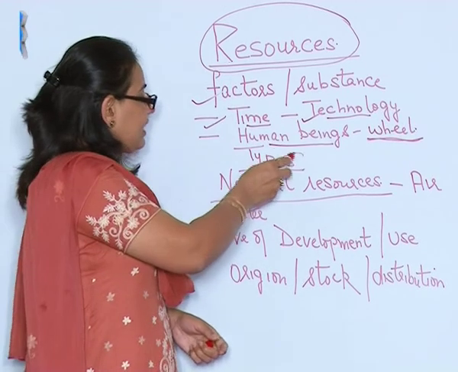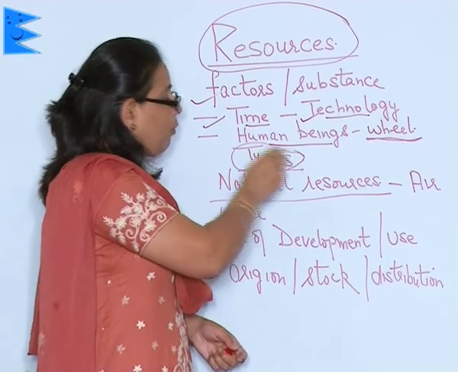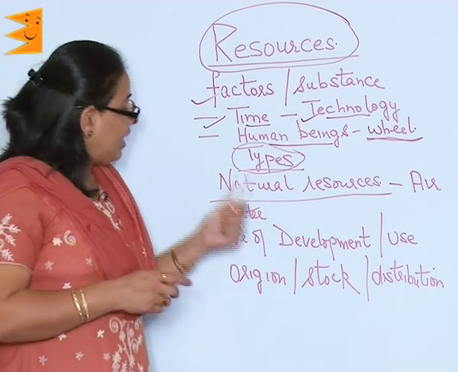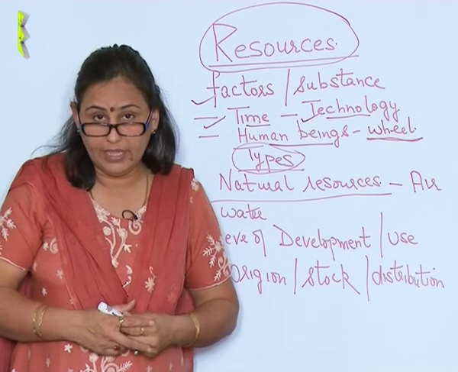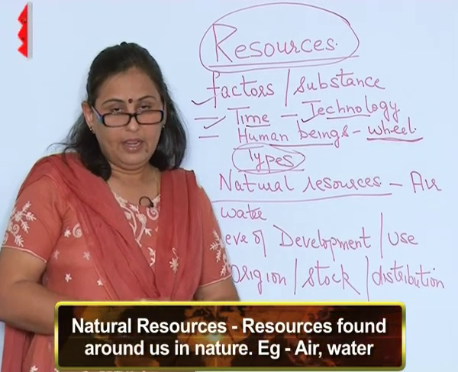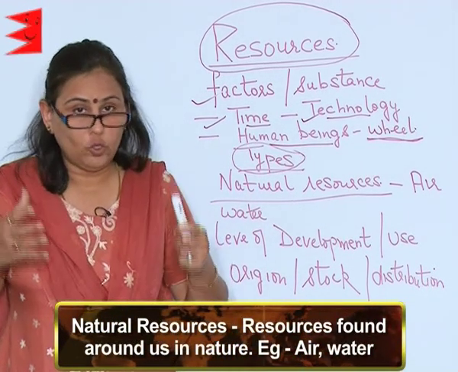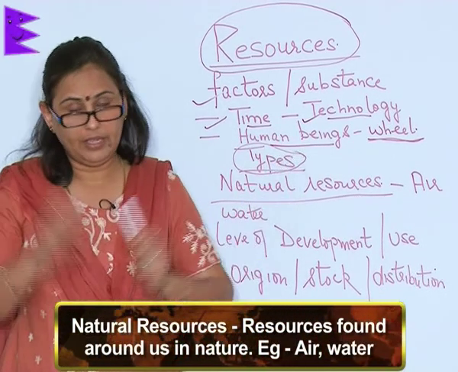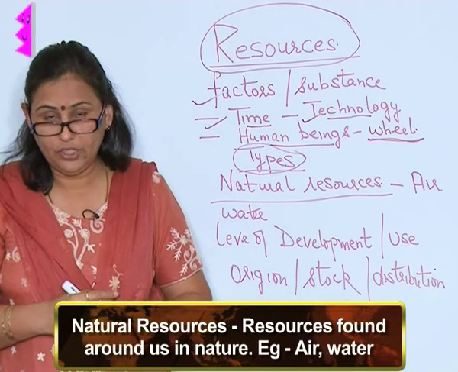There are various types of resources which are found around us, and the first type of resources which we can see around are the natural resources. Natural resources are those resources which are found around us, a free gift of nature.